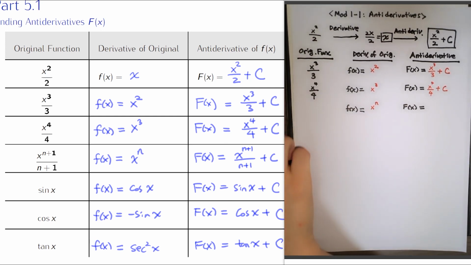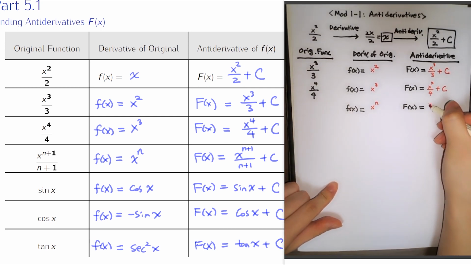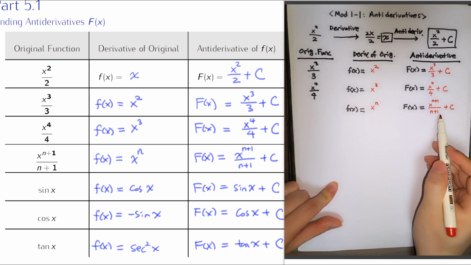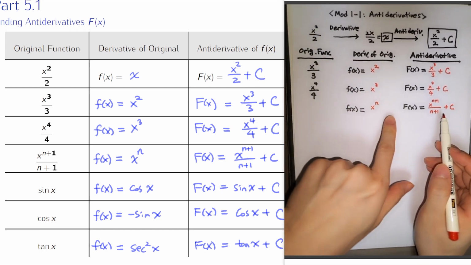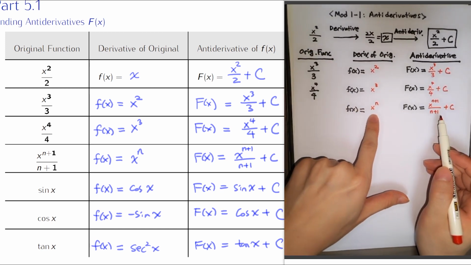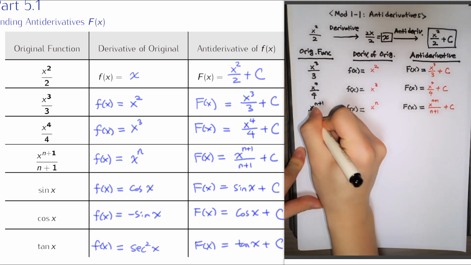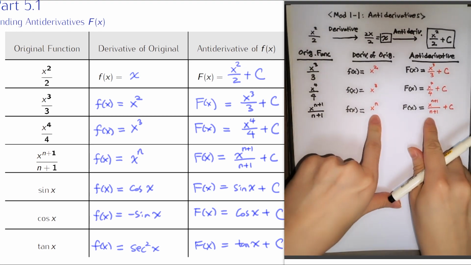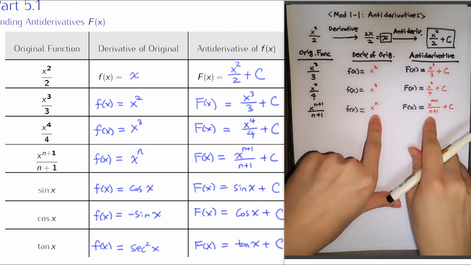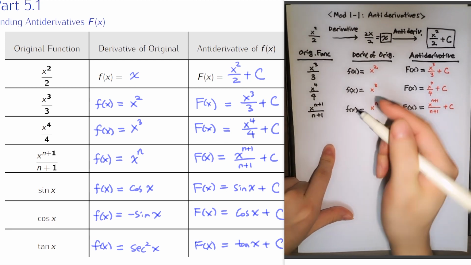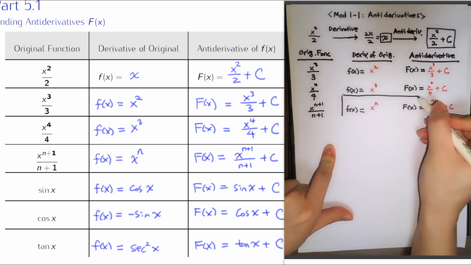If you said x to the power of n plus 1 divided by n plus 1, plus c, then you're correct. So this is the power rule for integrals or antiderivatives for now. So let's put a big box around this.